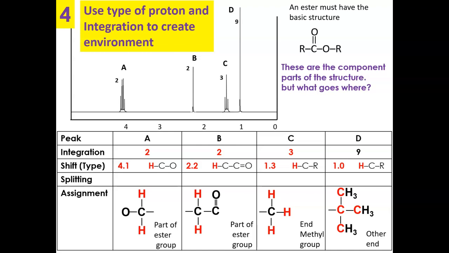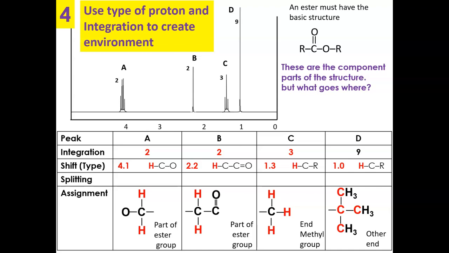So the CH2 single bonded to an oxygen is of course part of the ester group, the alcohol side. Similarly, the CH2 bonding to the carbonyl C double bond O is on the other side of the ester group. And if you look at the ester basic structure at the top, you can clearly see we must have hydrocarbon parts labeled R and R' on either side of our ester link.